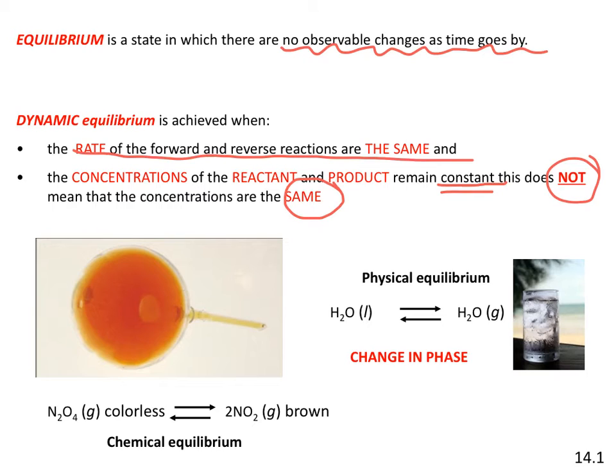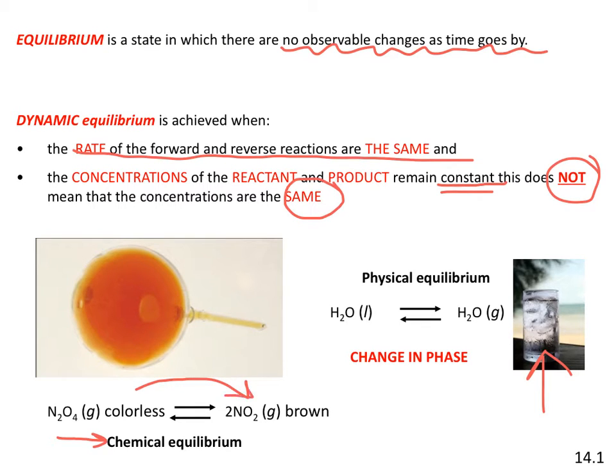So in this slide, we see two pictures. One is ice cubes melting in a glass of water. That represents a physical equilibrium. We're observing a phase change. And the other is an example of a chemical equilibrium, where we have dinitrogen tetroxide, which is colorless, decomposing.